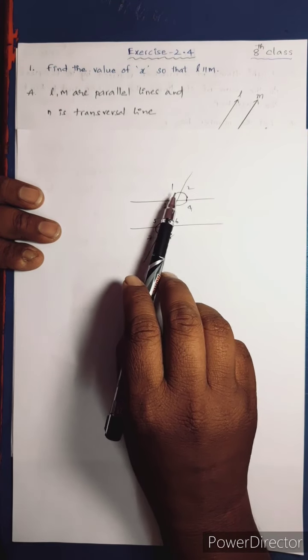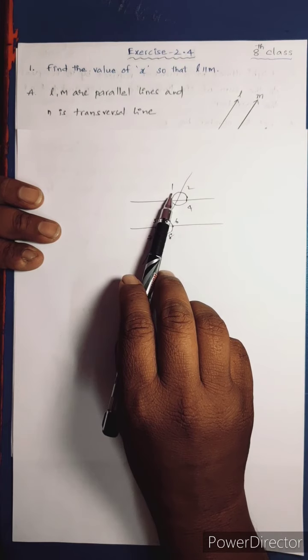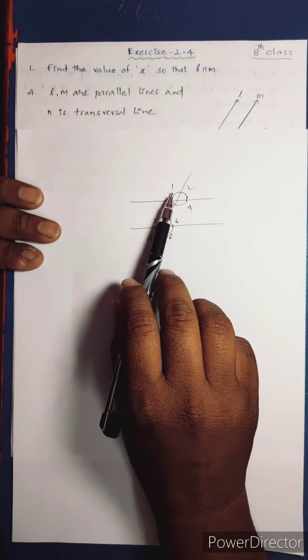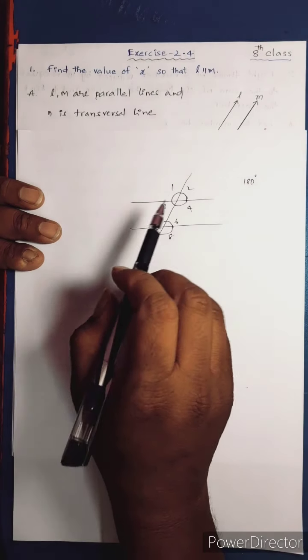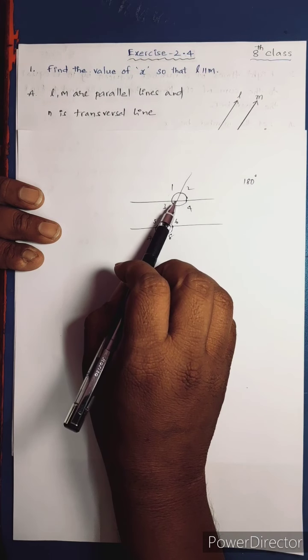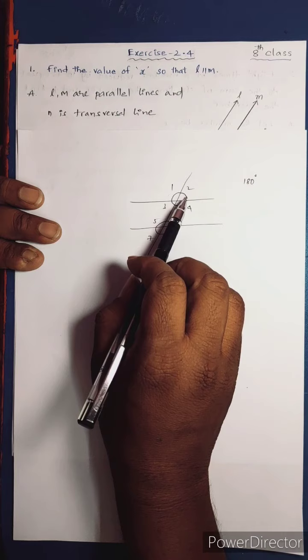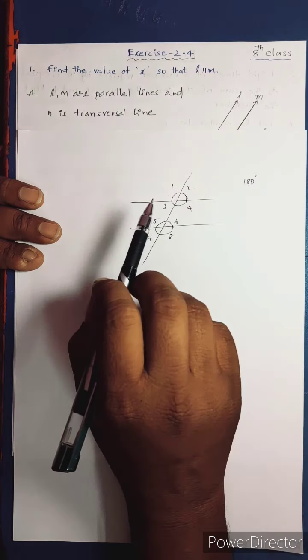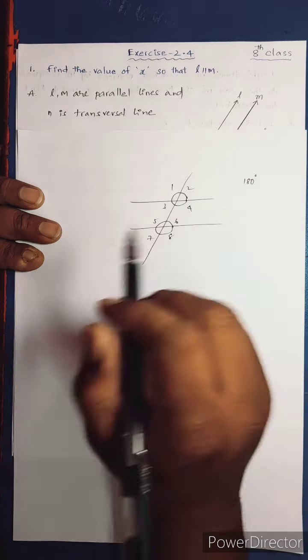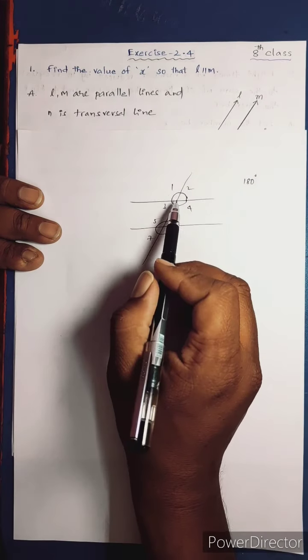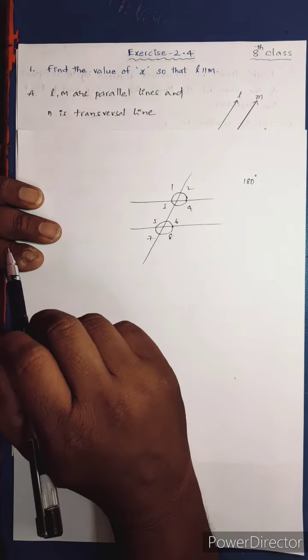Two acute angles and one obtuse angle. The sum of these two angles is always 180 degrees, because on a line at a point, the angles on one side are 180 degrees. These two angles are called corresponding angles because of the common point and common arm.